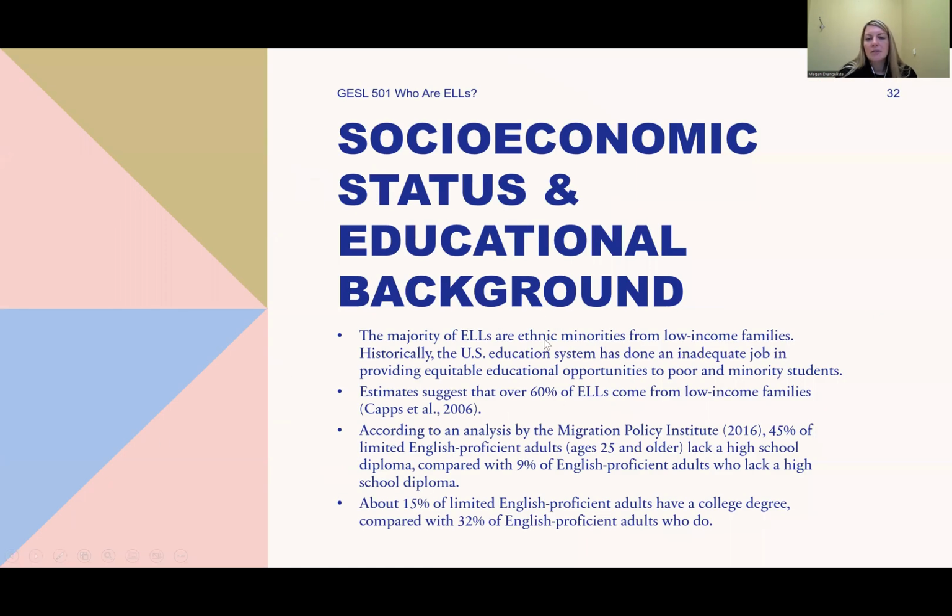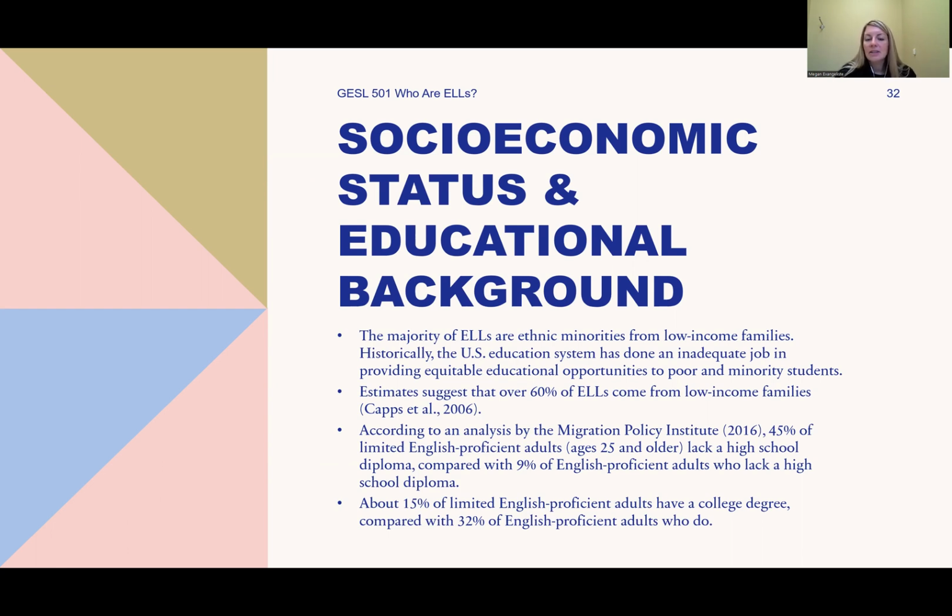So many of our students are ethnic minorities that come from low-income families. So historically, as you know, our US education system has done an inadequate job serving these families who have difficulty due to their socioeconomic status. So we need to provide equitable education opportunities to our poor and minority students.